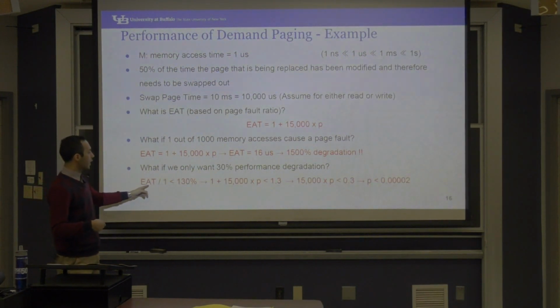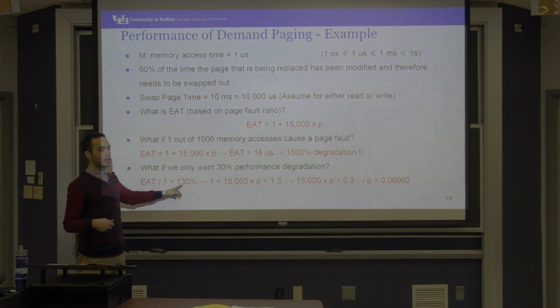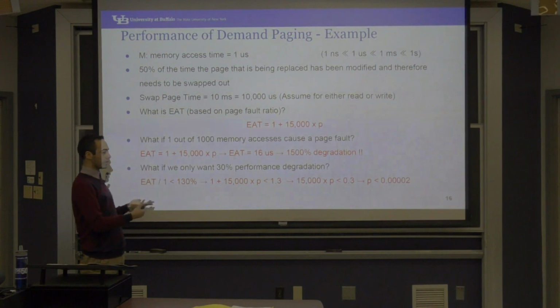So you say the goal effective access time divided by 1, which is right now, should be less than 130%. This is what we want.